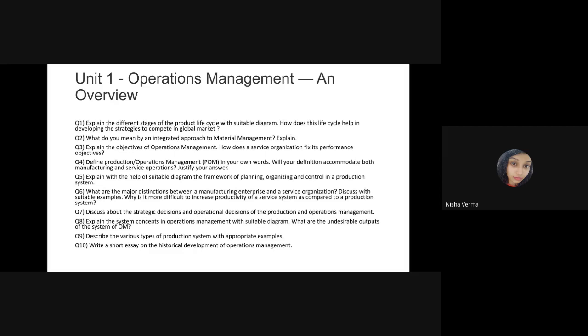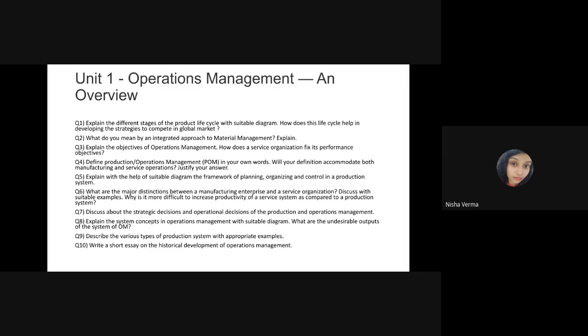The various objectives can be grouped as performance objectives and cost. Starting with performance objectives: efficiency should be there, effectiveness should be there, quality should be there, lead time will be there, and capacity utilization should be there.